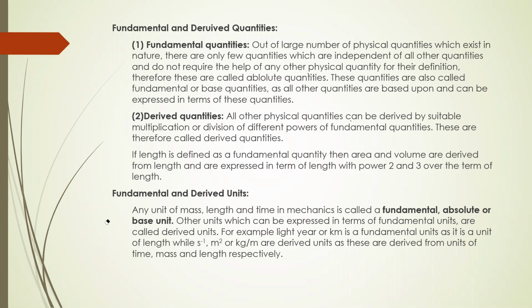These quantities are also called fundamental or base quantities, as all other quantities are based upon and can be expressed in terms of these quantities. Then next, derived quantities. All other physical quantities can be derived by suitable multiplication or division of different powers of fundamental quantities.